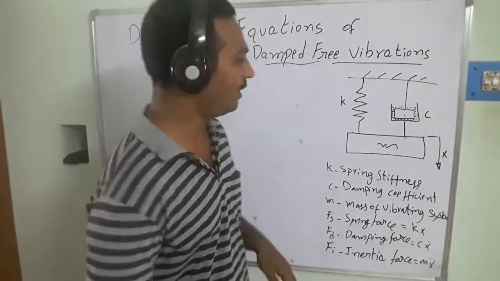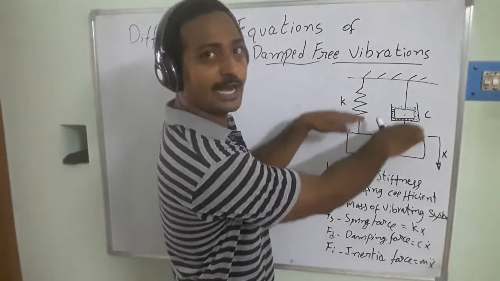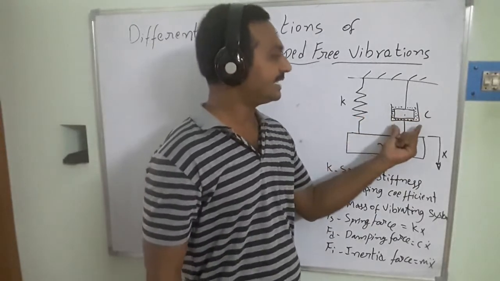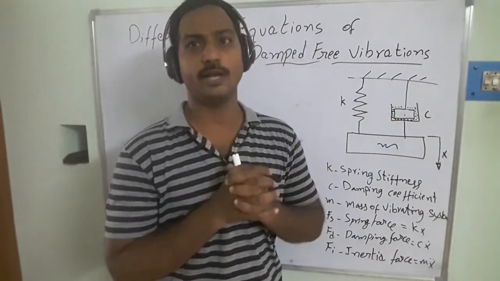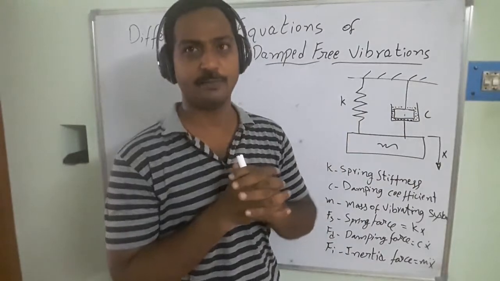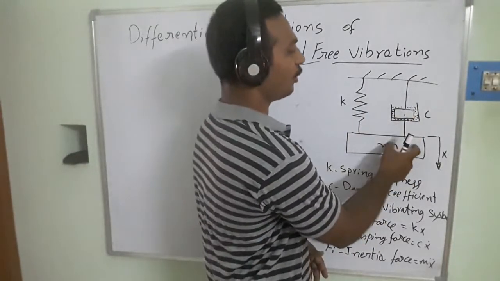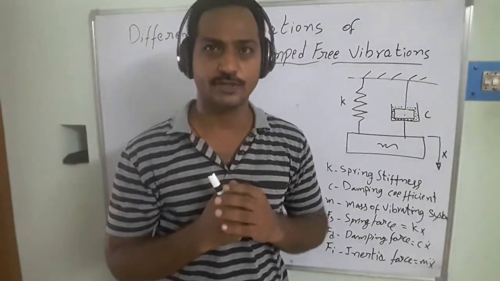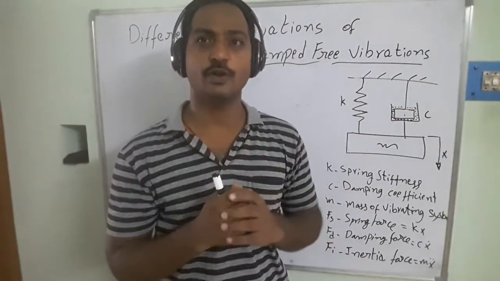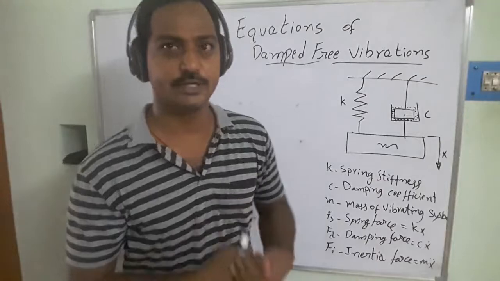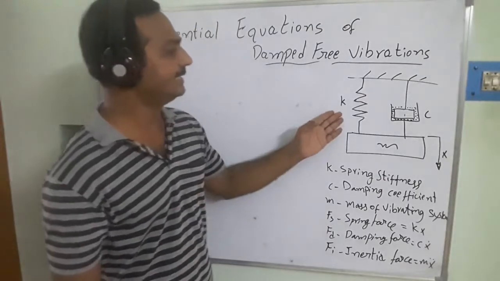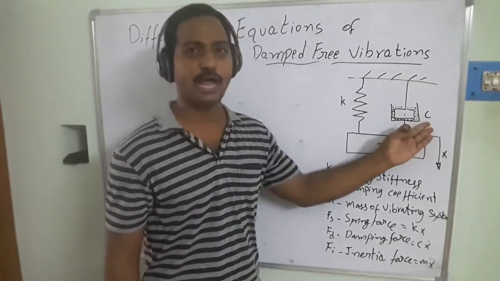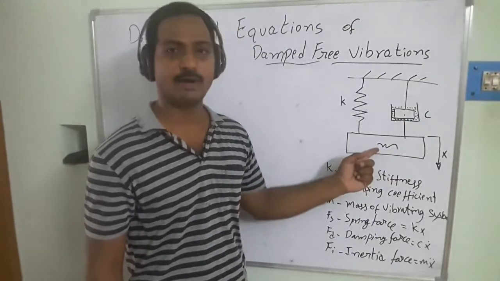When the system starts vibrating in the upward and downward directions, the piston and cylinder start to move, and the fluid is displaced into the other side of the cylinder, so that energy is lost. Here K is the spring constant, C is the damping coefficient, and M is the mass of the system.